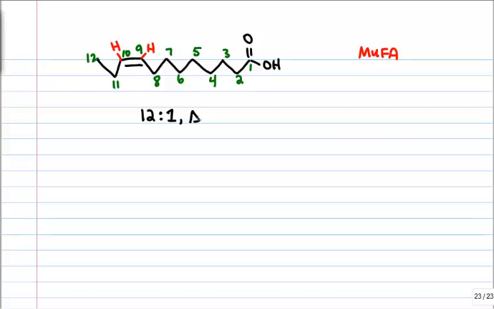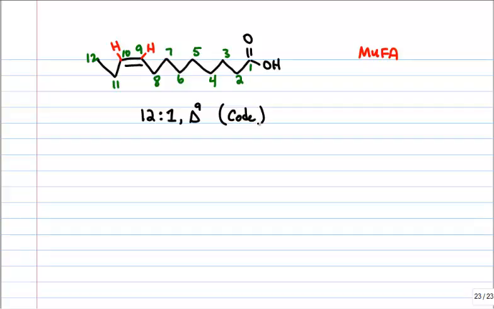So, comma, delta just means element of unsaturation, which really just means, hey, double bond, we put a 9. So this is the code for this particular fatty acid. It's a MUFA, it's 12:1 delta 9. If I give you the code, you can draw the fatty acid. If I give you the structure of the fatty acid, you can write the code.